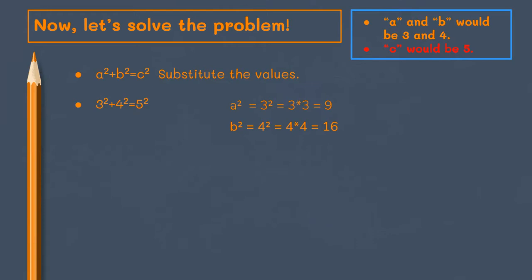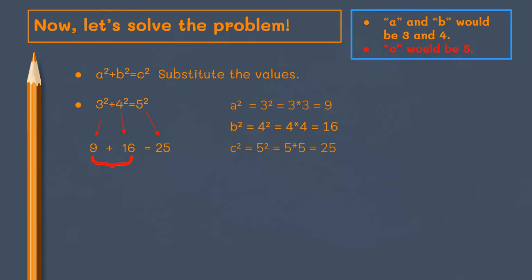When I look at my b squared, I have 4 times 4 equals 16. And then my c squared is 5 squared, so 5 times 5 equals 25. Now I can plug those values in where they go. So we have 9 plus 16 equals 25.